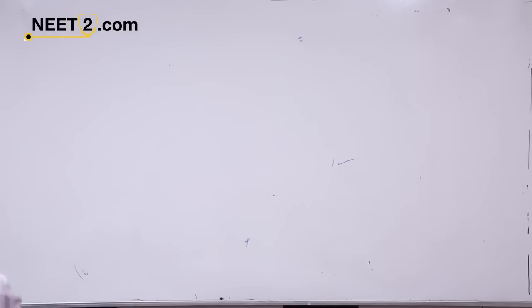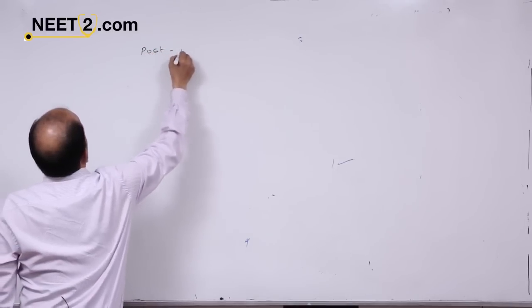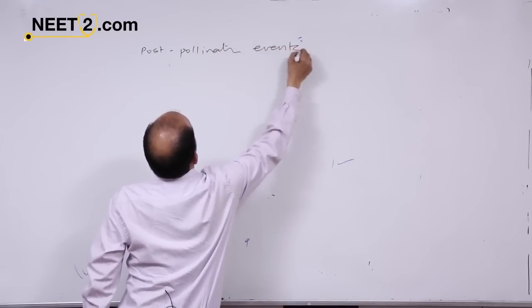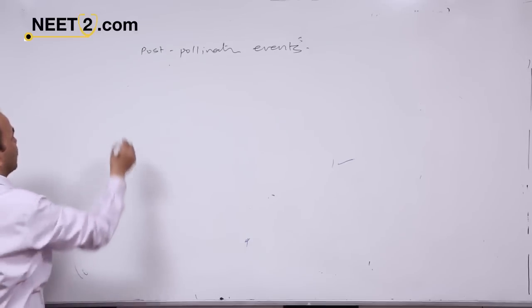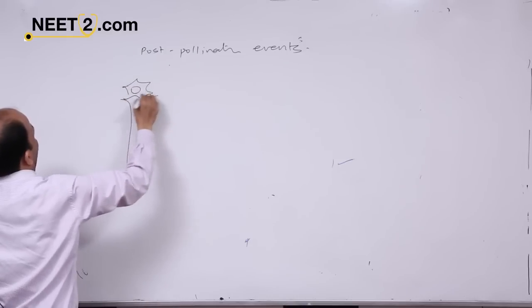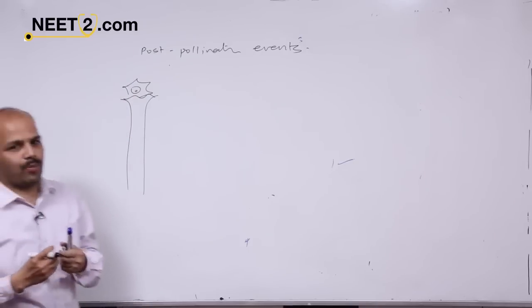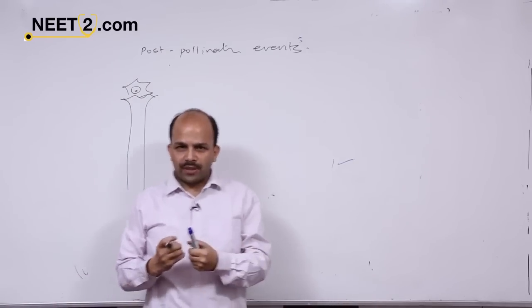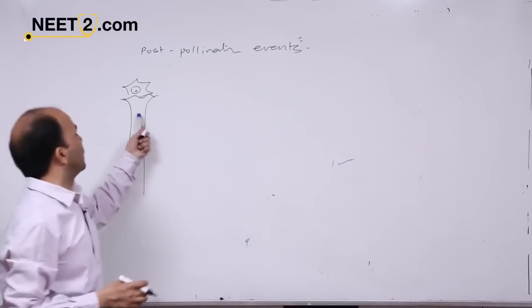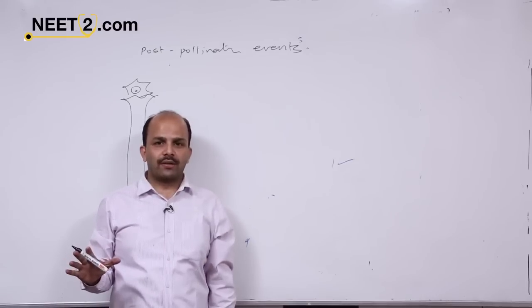When pollen grains reach the stigmatic surface by the act of pollination, the chemicals of the stigma and the chemicals of the pollen grain react with each other, and through this reaction pollen grain and pistil will determine whether this pollen grain is a compatible pollen grain or an incompatible pollen grain.